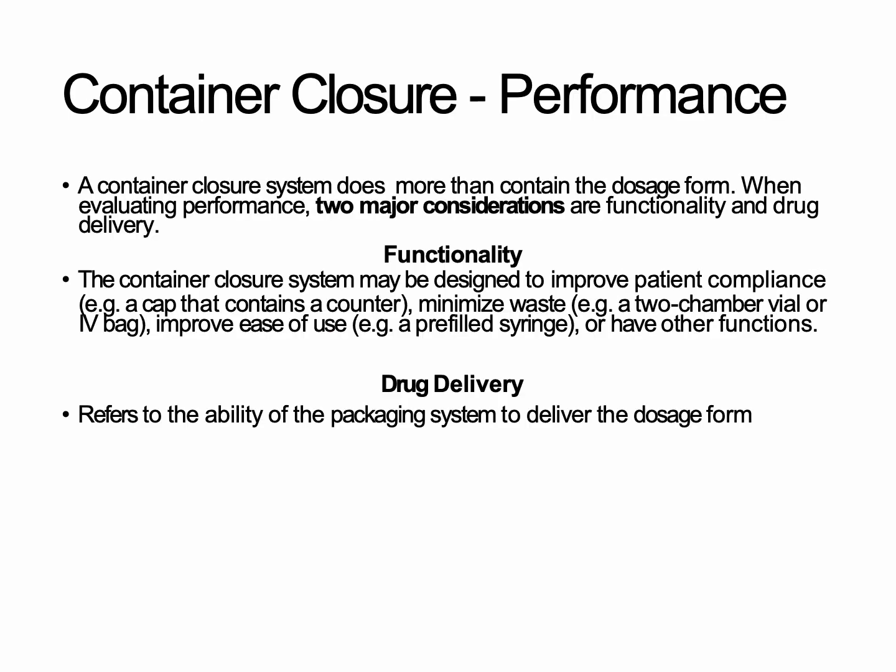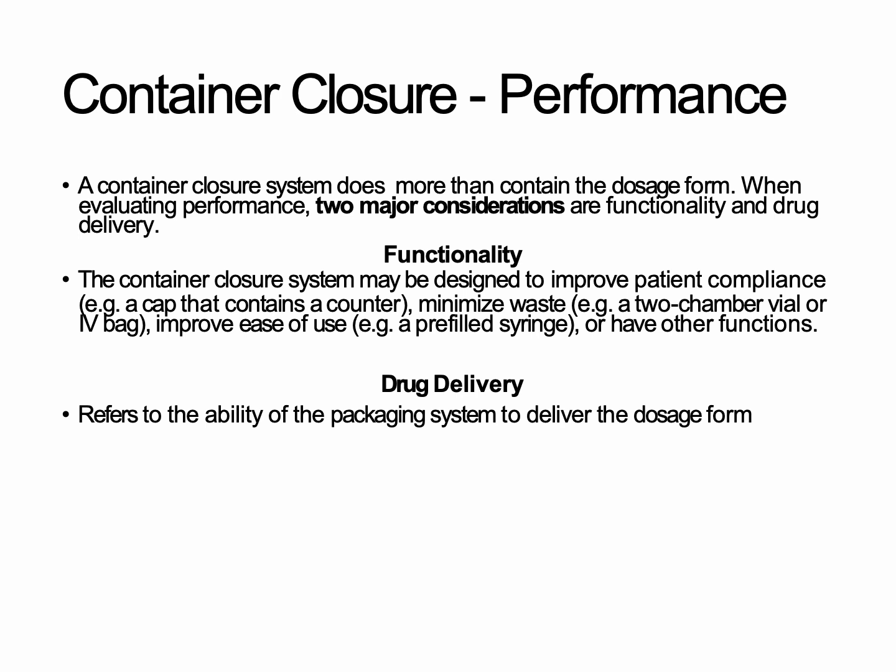Now, talking about the performance, a container closure system does more than to contain the dosage form. When evaluating performance, there are two major considerations that are functionality and drug delivery. Now, for the functionality, the container closure system may be designed to improve patient compliance.